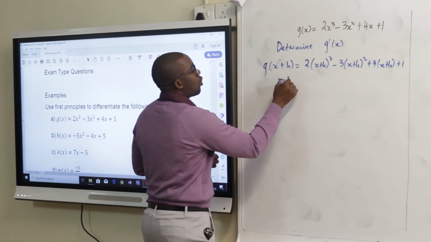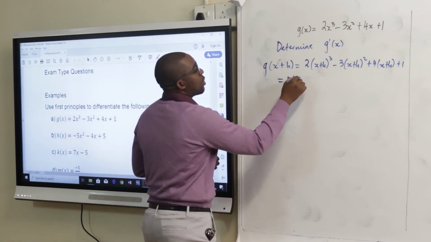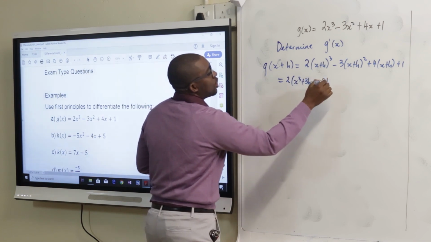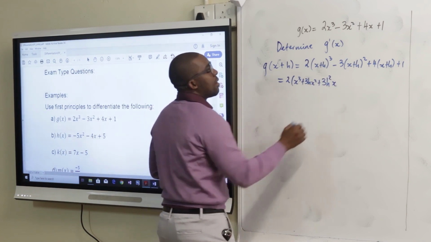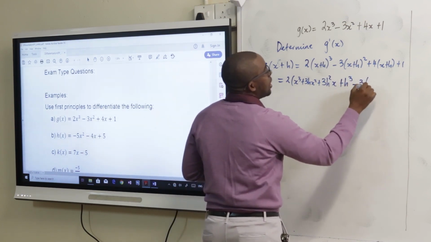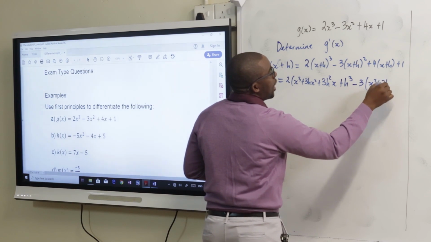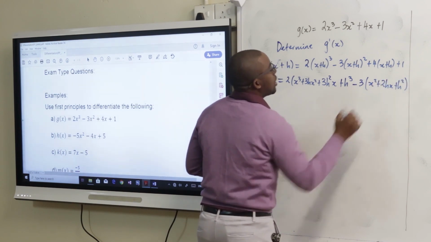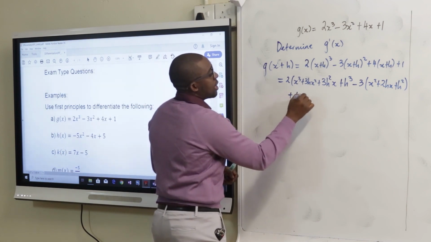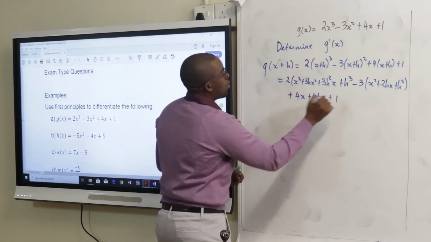Thereafter, 2 times (x cubed plus 3hx squared plus 3h squared x plus h cubed) minus 3 times (x squared plus 2hx plus h squared), continuing on the other side, plus 4x plus 4h plus 1.